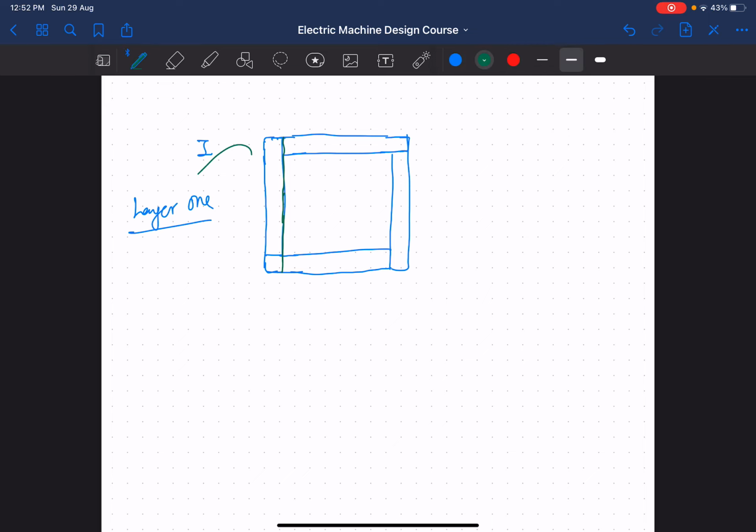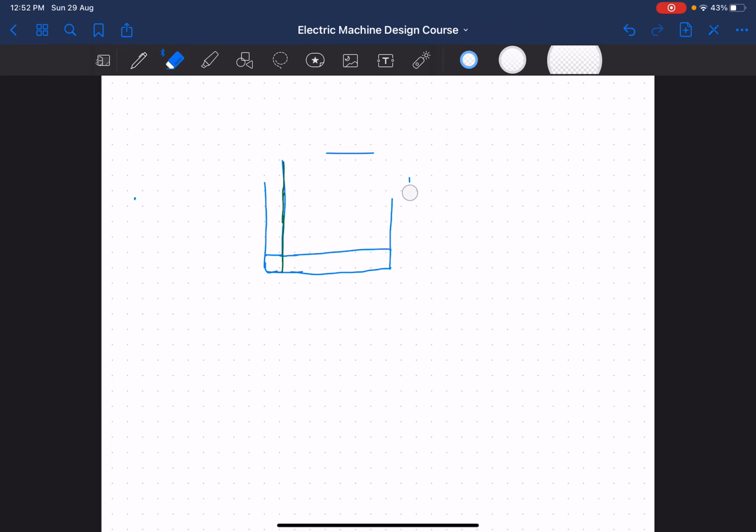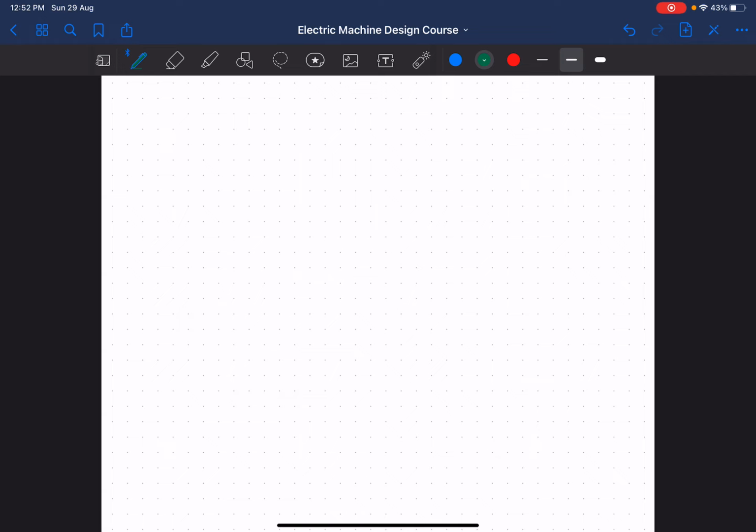Let me show you with two different pictures, so you will better appreciate this. The first position is like this, the first layer.